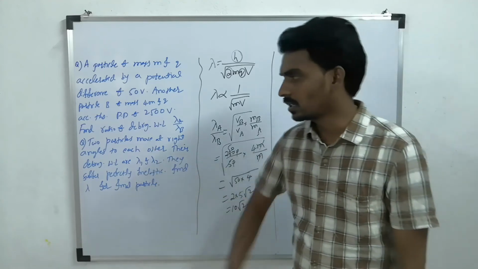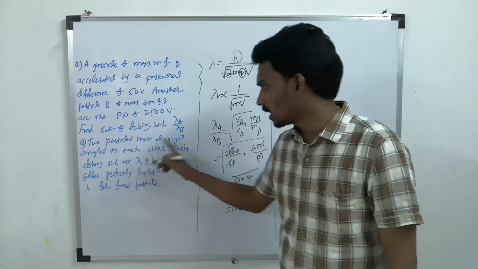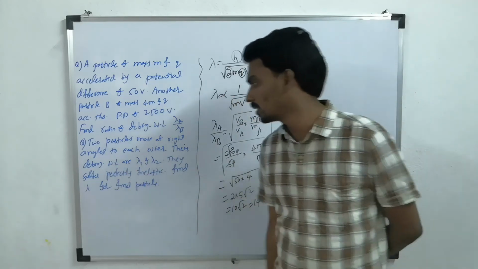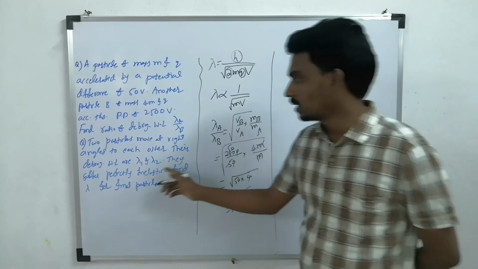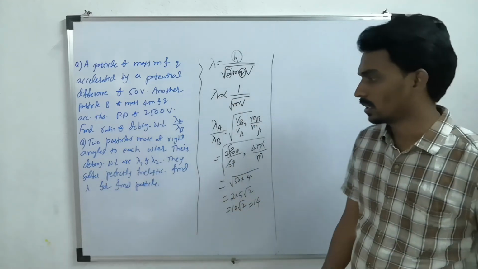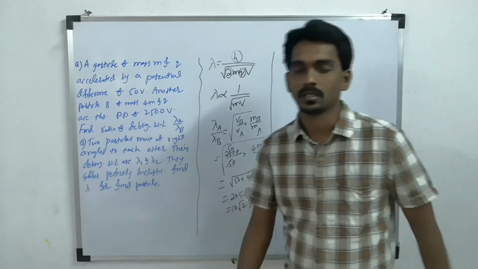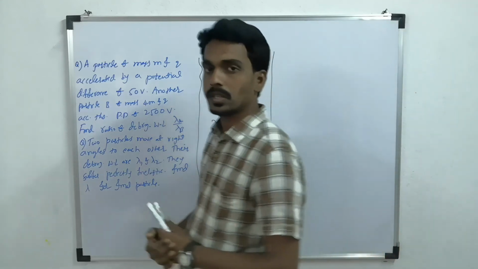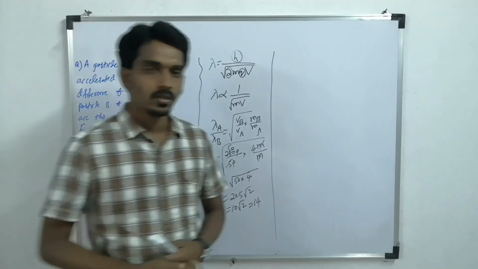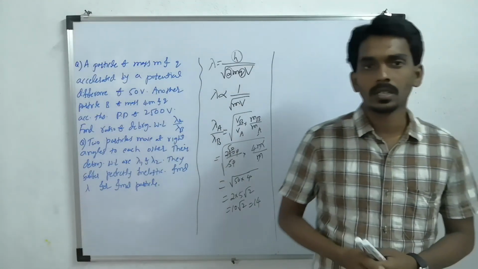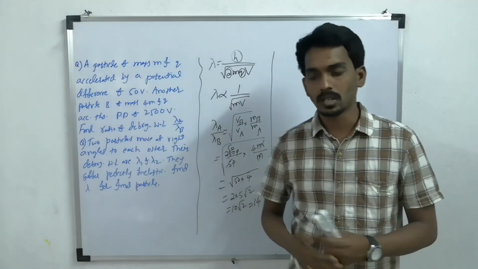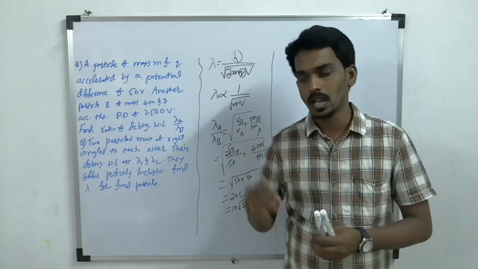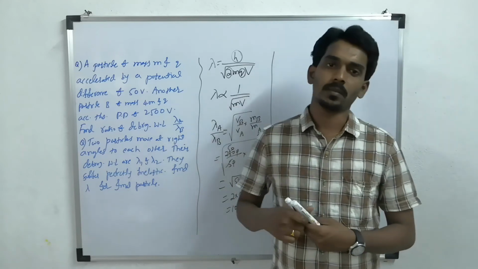Similarly, consider the second question: two particles move at right angles to each other. Their de Broglie wavelengths are lambda 1 and lambda 2. They suffer a perfectly inelastic collision. Find lambda for the final particle C. They tried to combine collisions with de Broglie wavelength. First, perfectly inelastic means that after collision they stick to each other and move as one single particle.